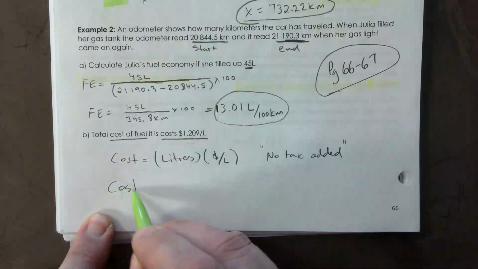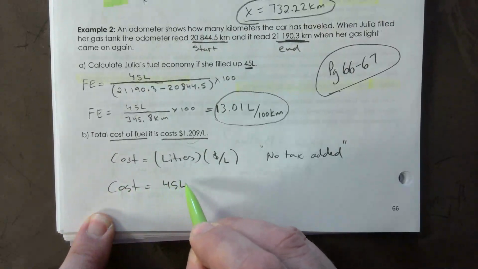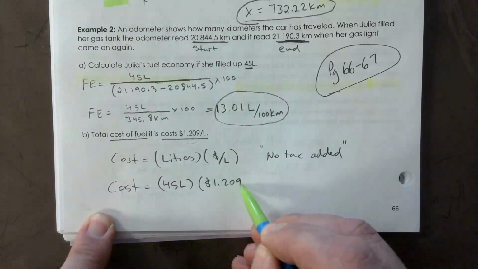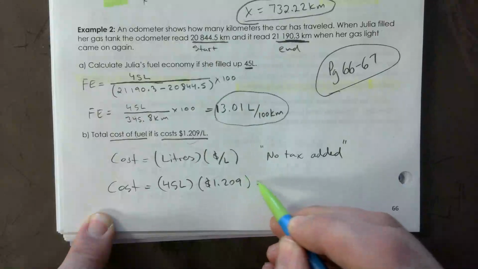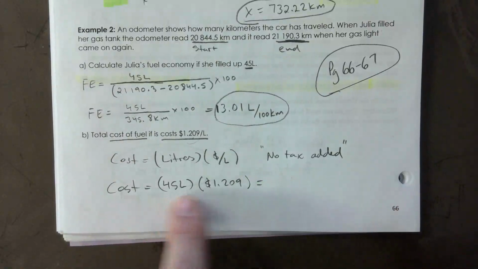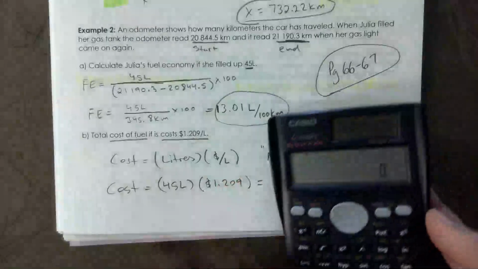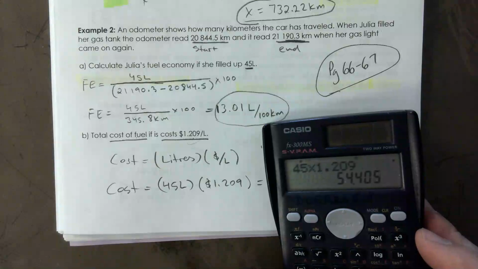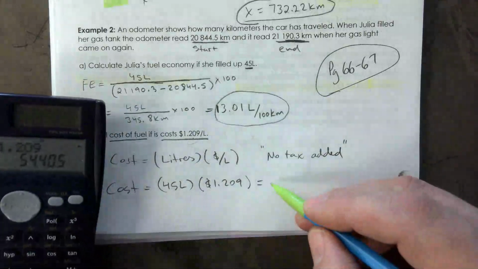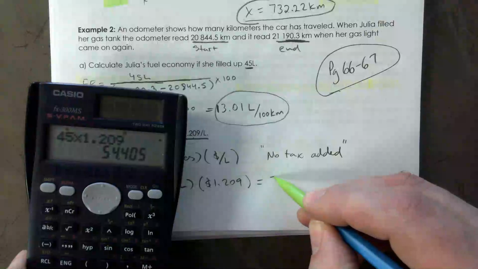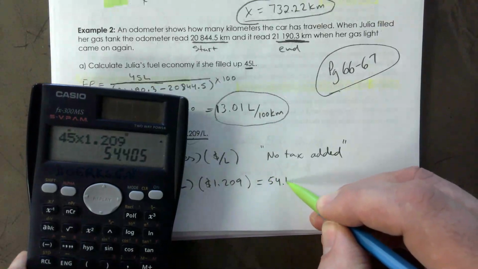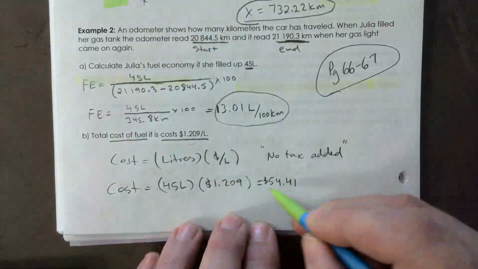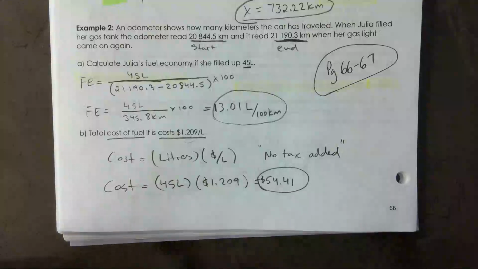So cost would be 45 liters times, in this case it's $1.209 per liter. So when you multiply that, just got to be careful. So you got to round properly, right? So that's 54.41 dollars. So that's how much it would cost you to make that fill up, right?